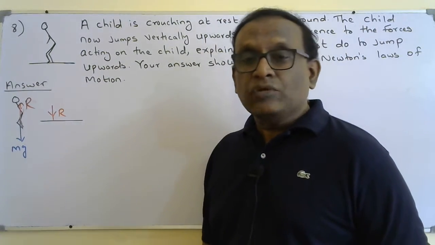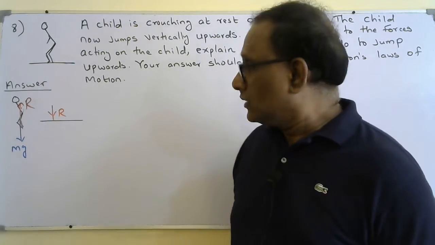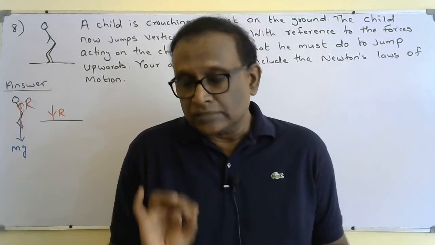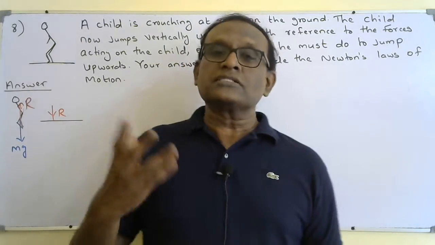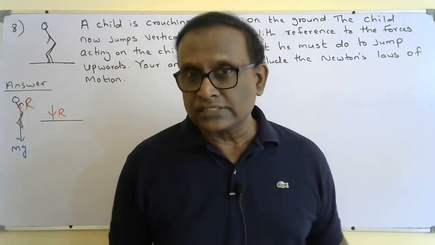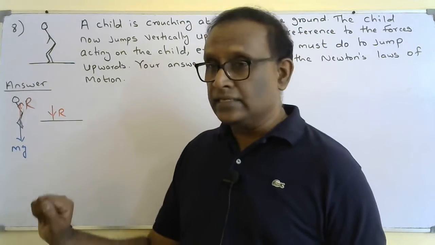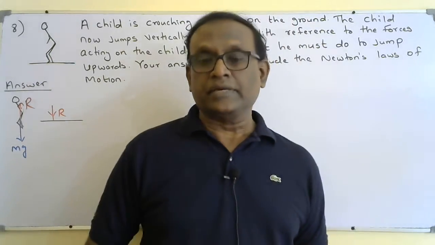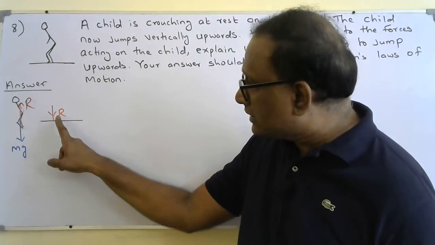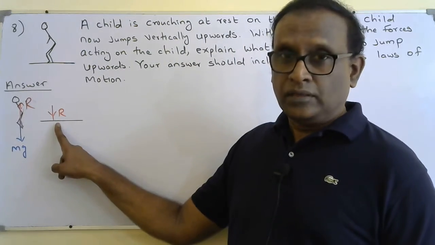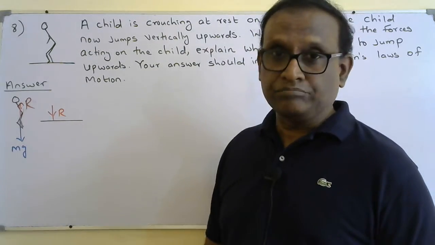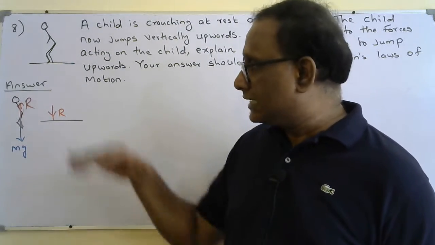Okay, so when he wants to jump vertically upwards, he can't change the weight, because the mass is constant. Gravity is constant, g is constant. So you can't change it. But what he can do is push the ground harder by using his muscles. Initially R and mg are the same when he is at rest.